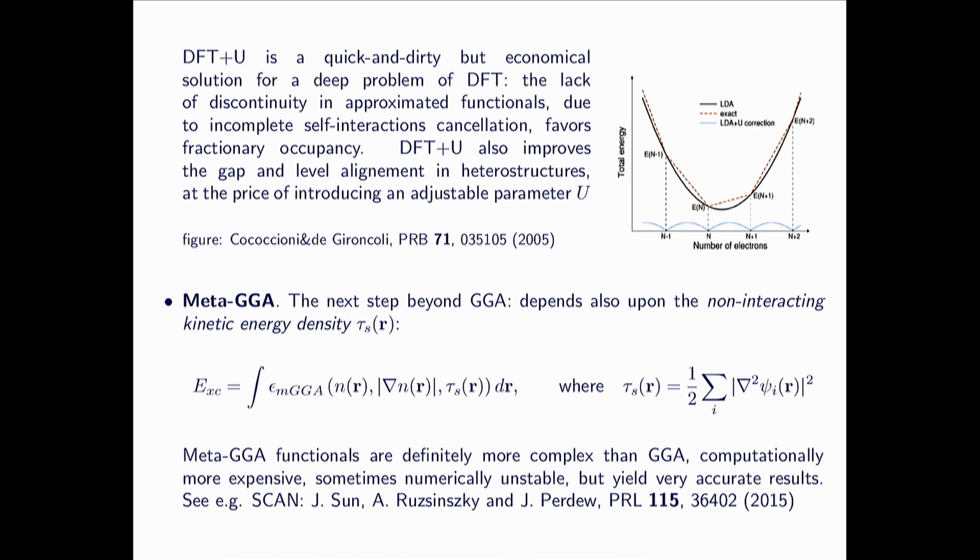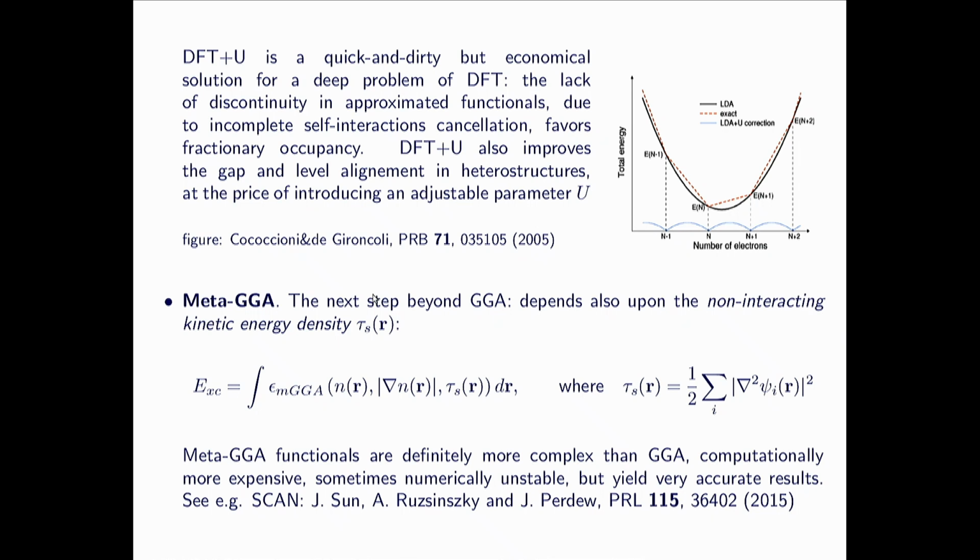So this cartoon is by Stefano de Gironcoli, and it's meant to represent a localized orbital in a sea of delocalized bands as a function of the occupancy of the localized orbitals.